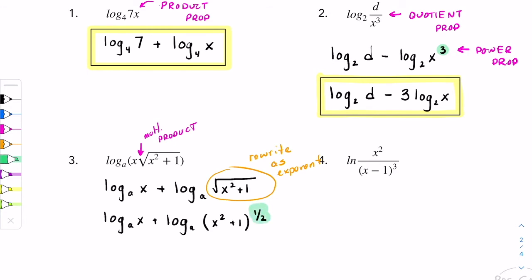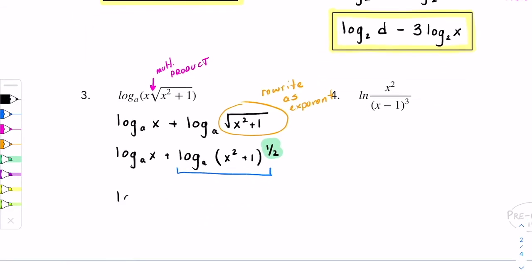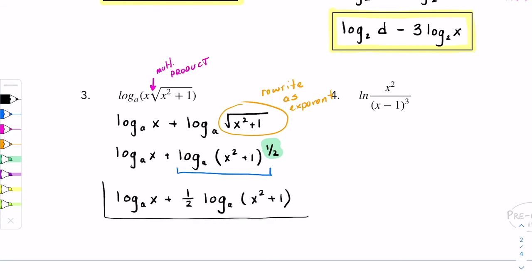Now that I have an exponent of 1/2, I can rewrite that in front of this expression, for my final answer of log base a of x plus 1/2 times log base a of x squared plus 1. Now, if you're wondering why we don't separate x squared plus 1, you can only expand multiplication, division, or exponents. You cannot expand addition or subtraction.